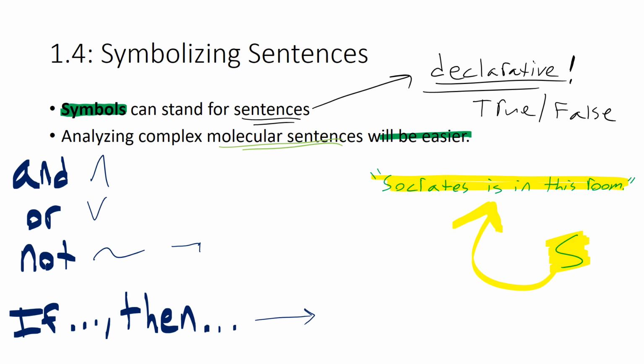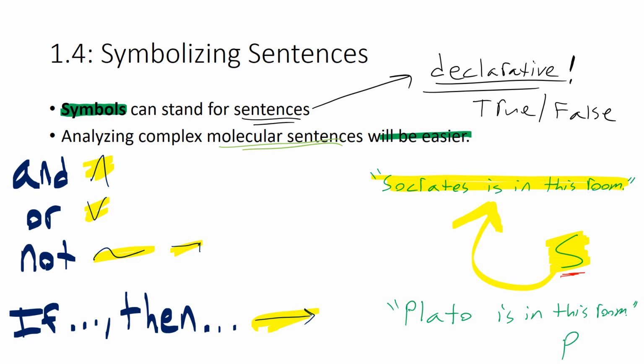So by symbolizing atomic sentences with a capital letter, we can relate those atomic sentences with other atomic sentences via these various sentential connectives, such as the conjunction, the disjunction, the not, the if then. Another sentence might be Plato is in this room.